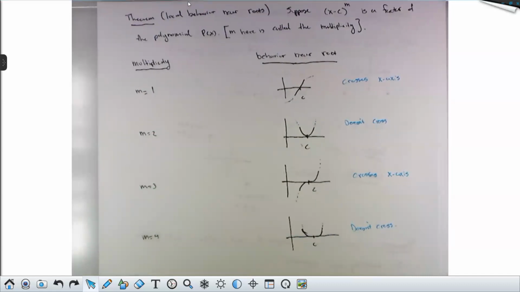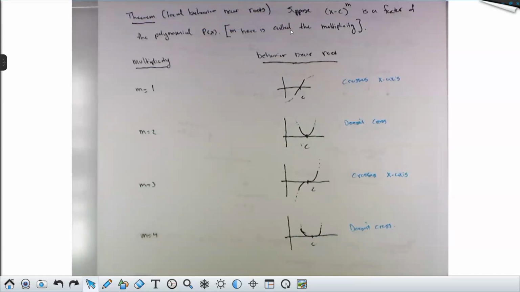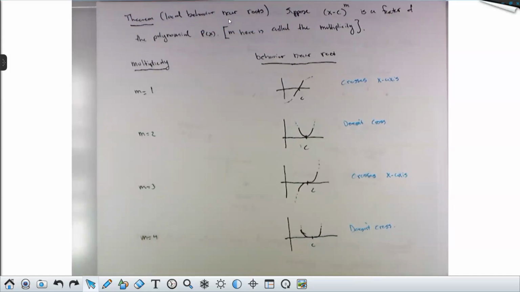This idea, local behavior near roots, together with the end behavior of the polynomial, really is enough to graph the thing and graph it well. Let me show you what I mean.